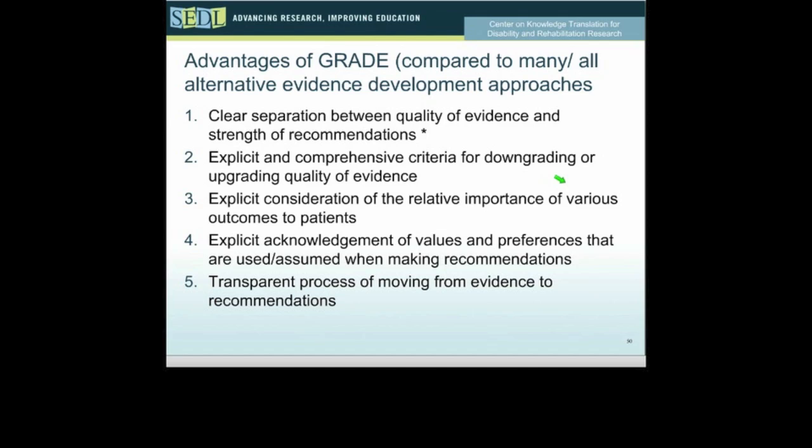And that makes the entire process of moving from what we might call raw evidence to recommendations very transparent. Anybody can read every step along the way, can look at the evidence, can look at how the guideline developers argued, weighed evidence, what values they had and what they did with them.